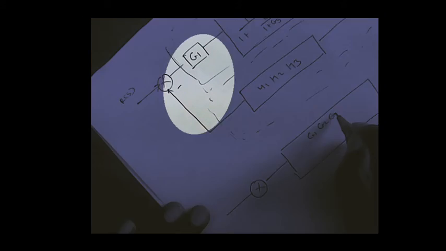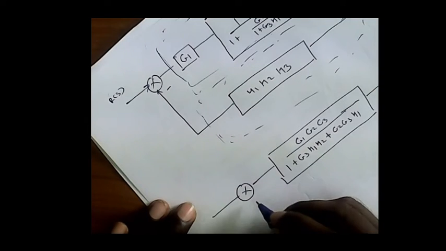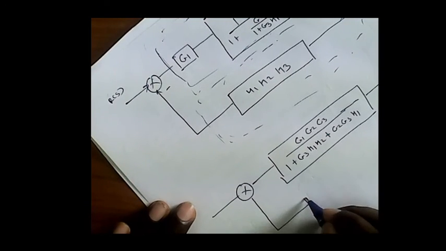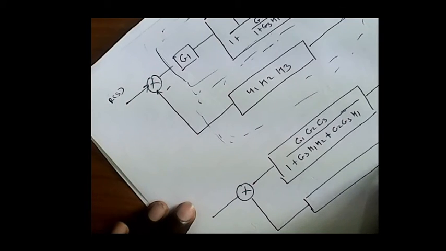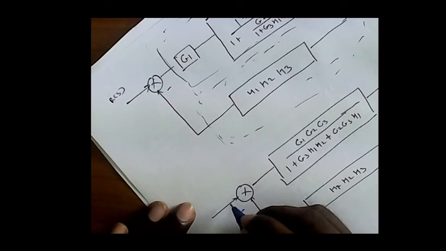So we get G1 G2 G3 divided by 1 plus G3 H1 H2 plus G2 G3 H1 after simplification, and we take a feedback loop, that is H1 H2 H3. R(s), C(s).